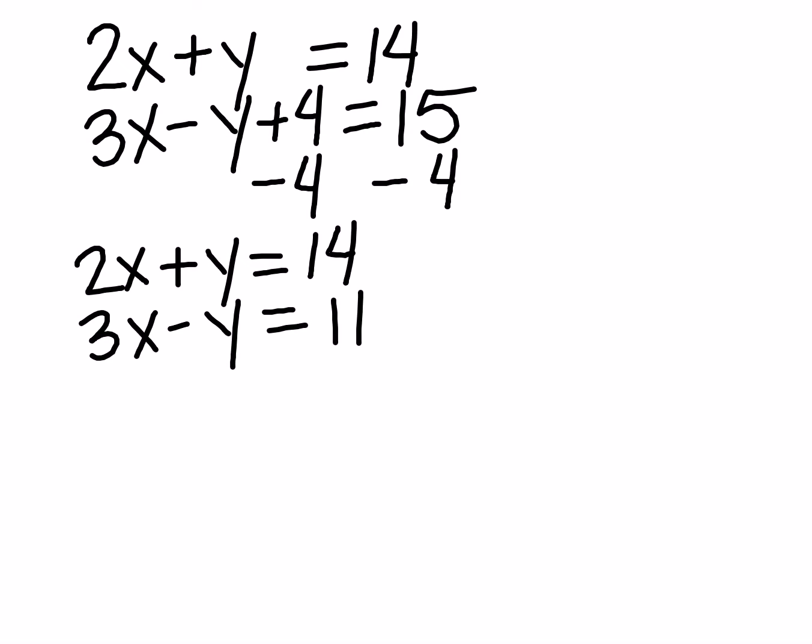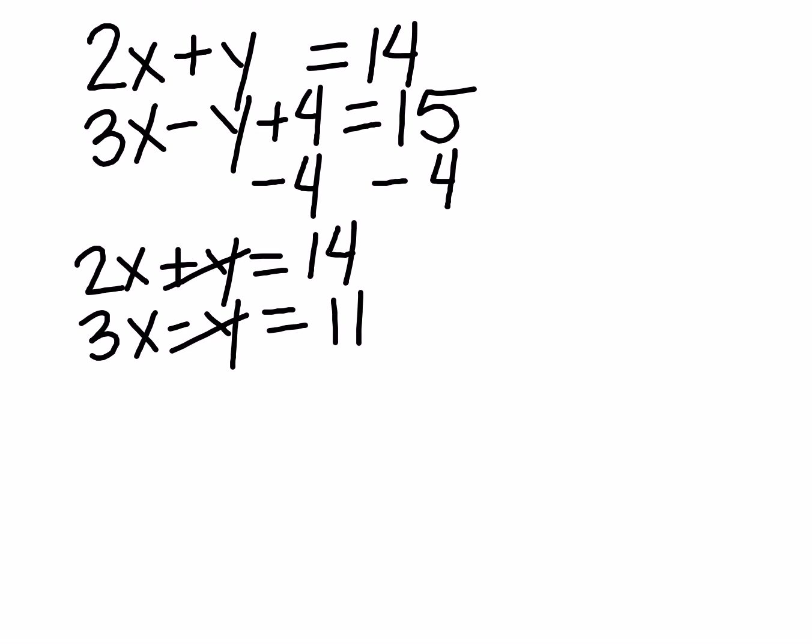Now we want to go back to our first example and think about what we did there. Our goal is to get rid of one of the variables. We can either get rid of x or we can get rid of y. The easiest variable to get rid of first would be my y, because I know y minus y will give me 0. We're going to cancel these out.